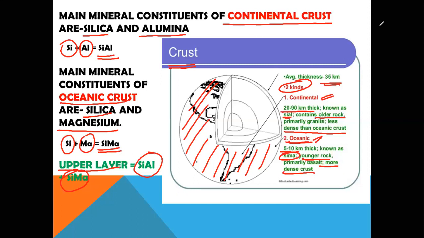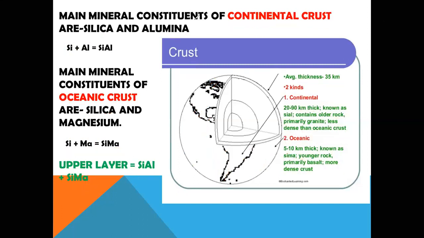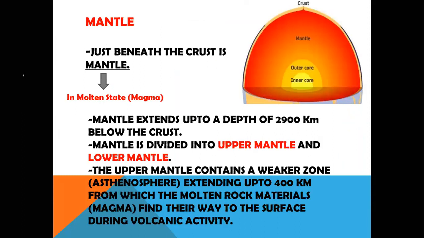Now, the layer beneath the crust is called mantle. Mantle extends up to a depth of 2,900 kilometers below the crust. It is present just beneath the crust and it has higher density than crust because as we move from the surface towards the core, the density increases.